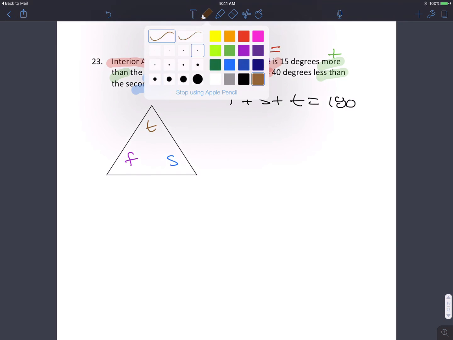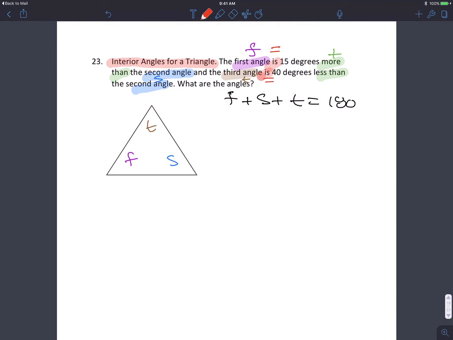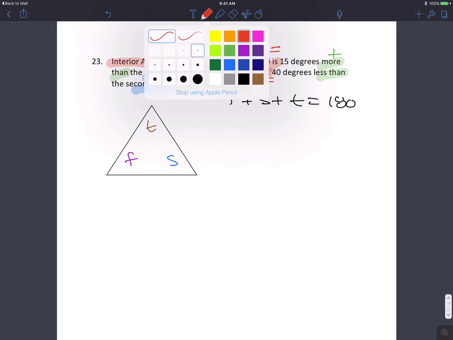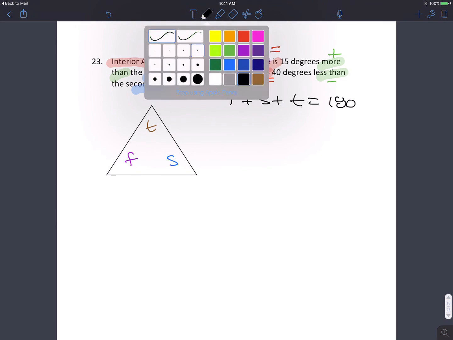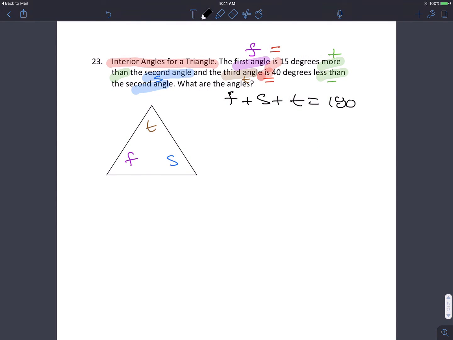Third is 40 degrees less than, which is subtraction, and it switches. The second is S. We got that there. Let's write down our equations here now. So my first is F is 15 more than the second, S plus 15. My next phrase is my third angle is 40 degrees less than the second, so that's S minus 40.